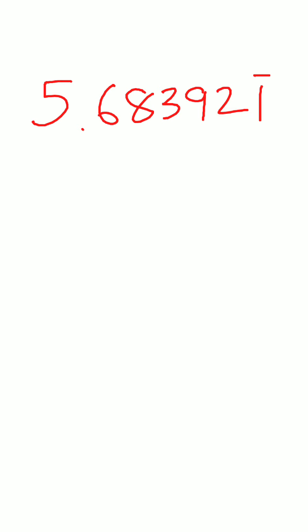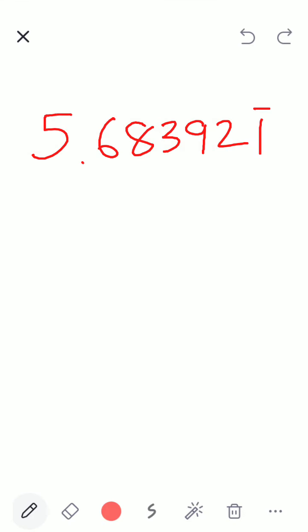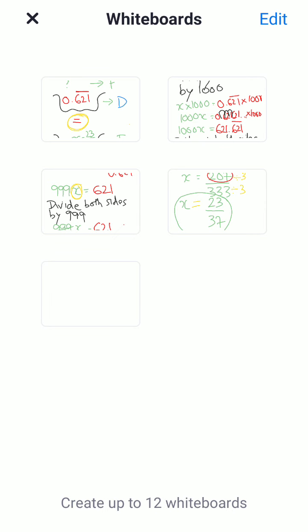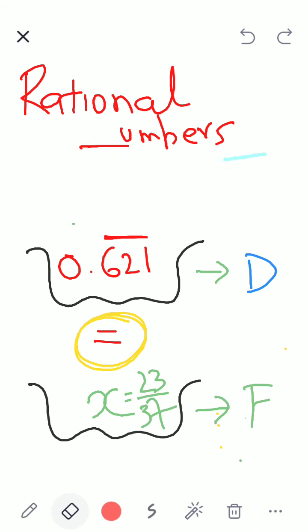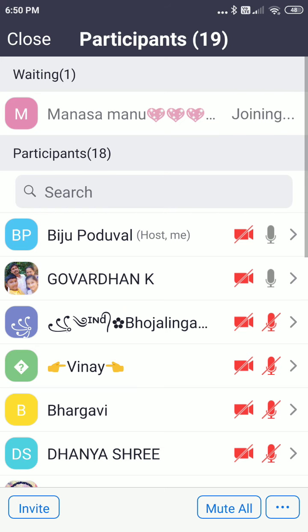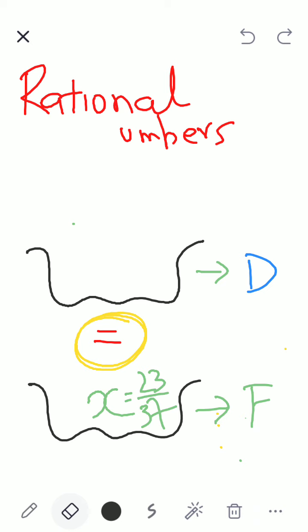Okay, so now children, based on this, let us go back to our bag. Suppose I remove all this.